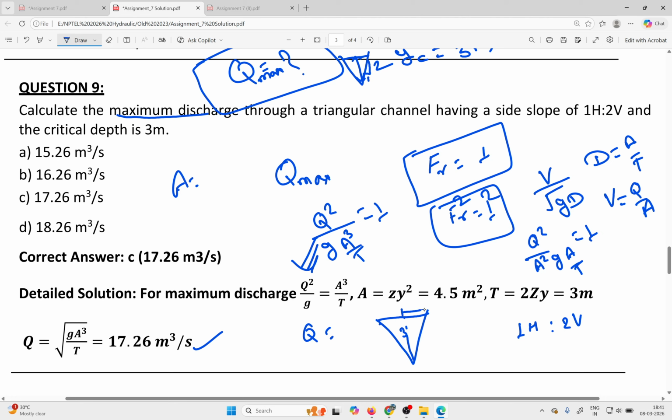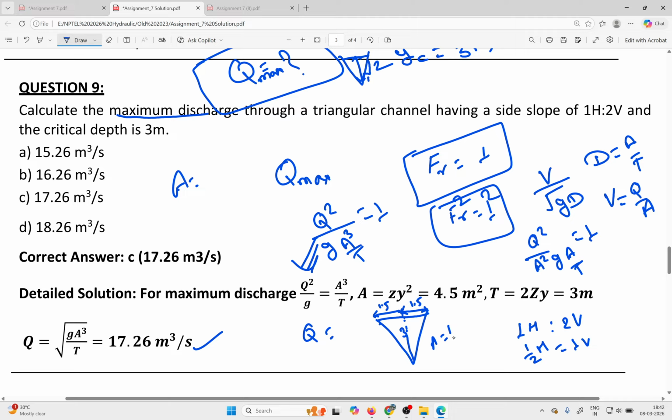So what will be this horizontal movement? For 2 meter movement vertically, the corresponding movement horizontally is 1 meter. So for 3 meter vertical it is how much? 1.5. So 1.5 here and 1.5 there. Now you can very easily calculate.